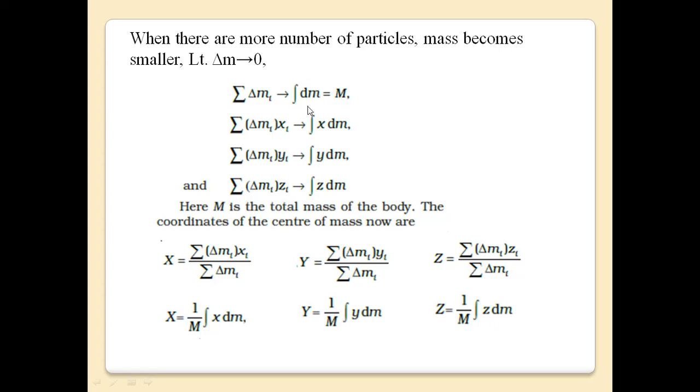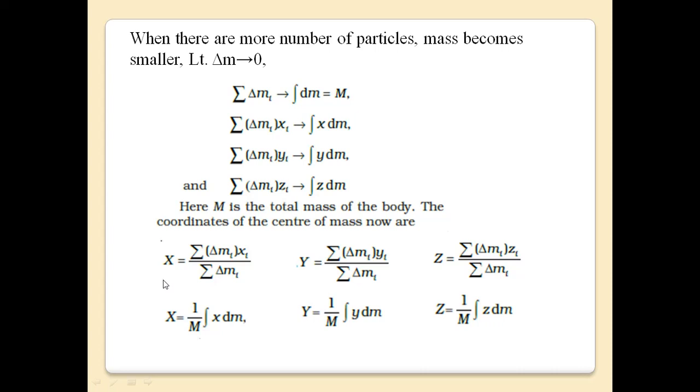When we integrate, we are adding up all the small masses and it will sum up to capital M. In the same way, sigma delta mi xi will tend to integral x dm, sigma delta mi yi will tend to integral y dm, and sigma delta mi zi will tend to integral z dm.